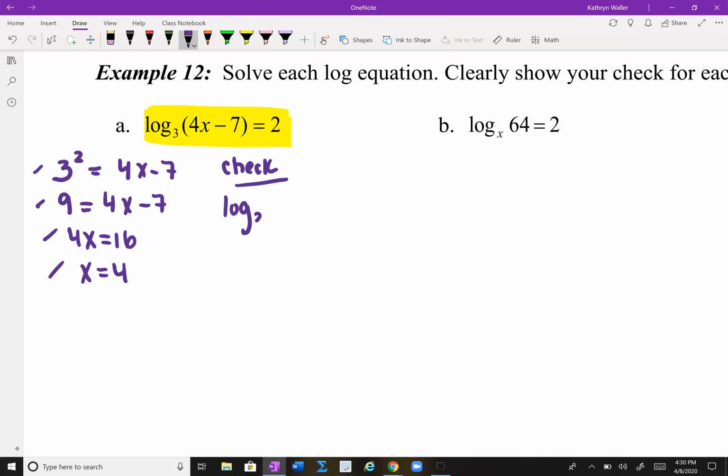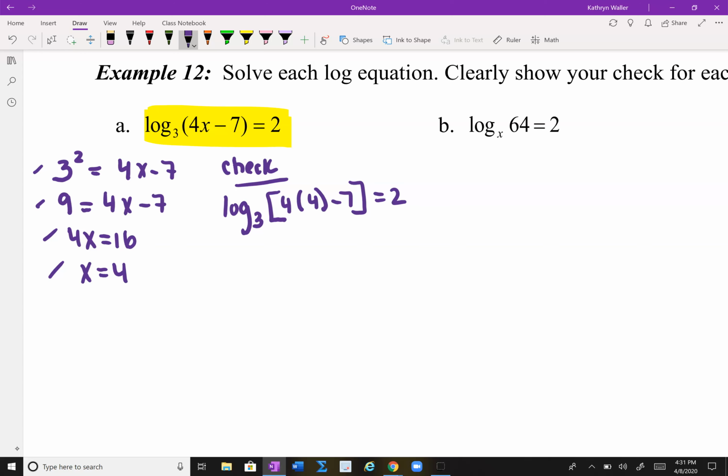So go log base 3, and then I turn the parenthesis into a bracket because it's starting to get confusing with a parenthesis and a parenthesis. So then I go 4, parenthesis, 4, close it off, minus 7, close it off, equals 2.